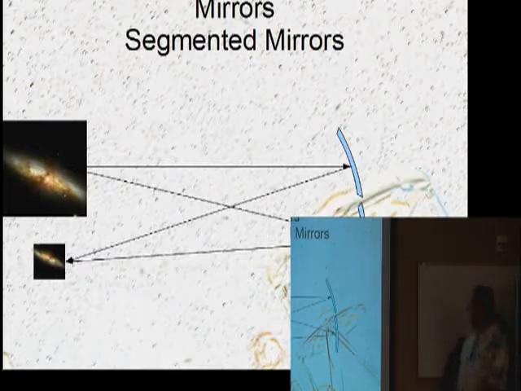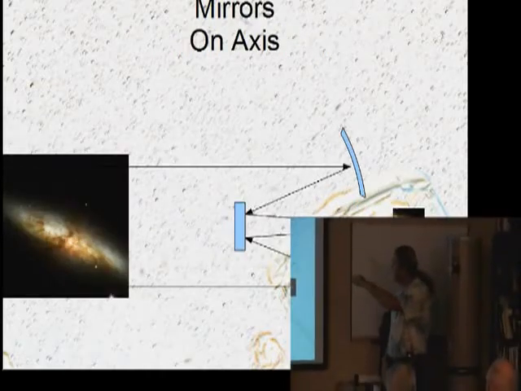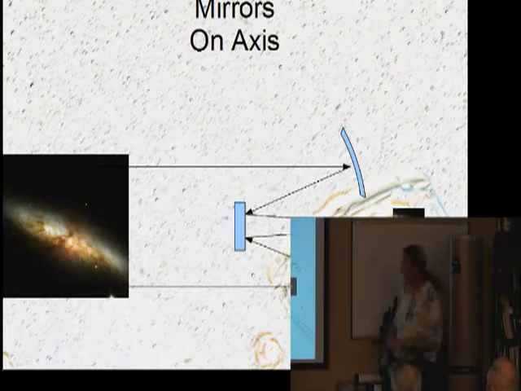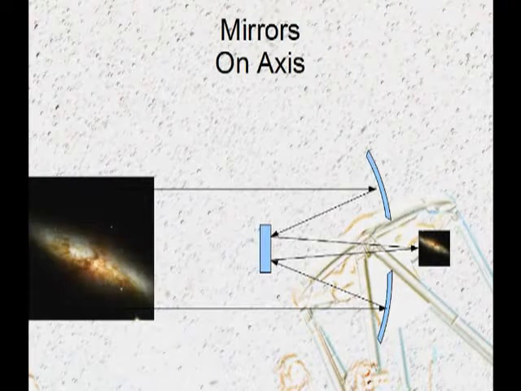So now that we've talked about off-axis design and segmented mirrors, let's go back to what this telescope right here is like. Okay, this is an on-axis design. So all we have is a round mirror. The light comes in, bounces off the round mirror, goes up to a secondary mirror, and then comes through a hole in the back of the mirror.